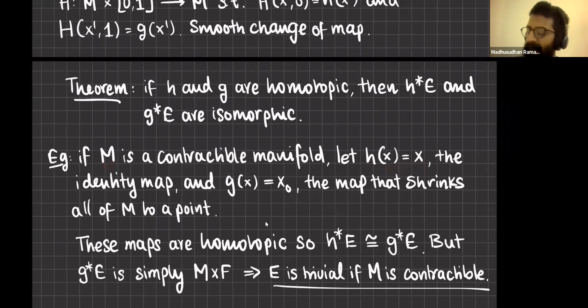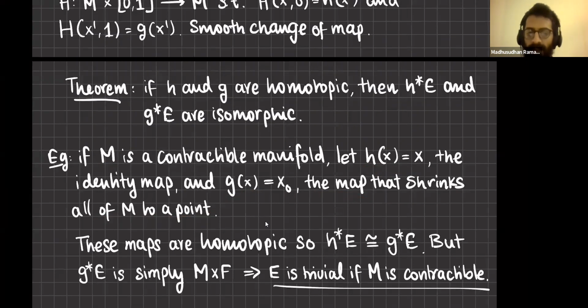And let the second map G be a map that sends every point on the base manifold to a specific point x0. This map basically shrinks all of M to a point.